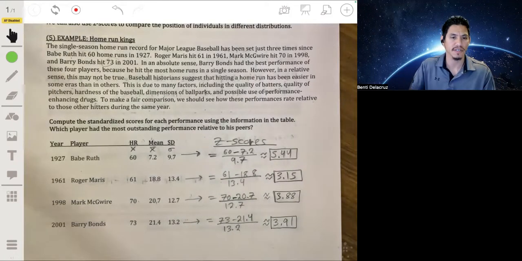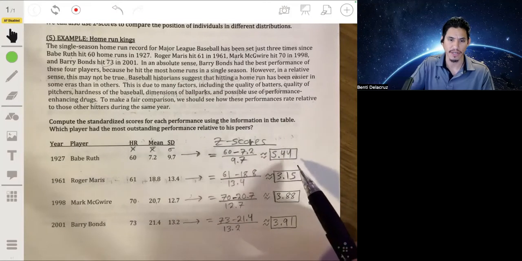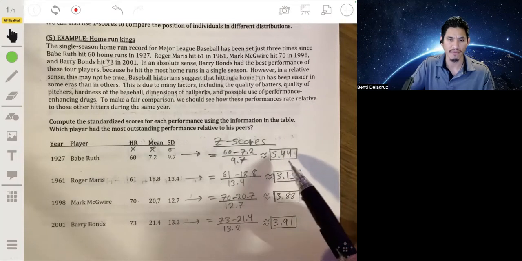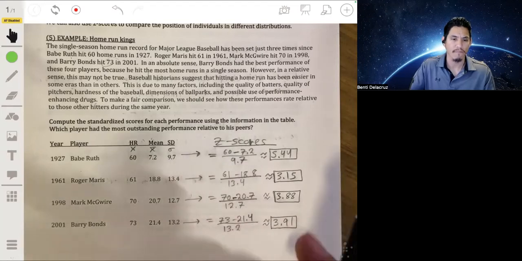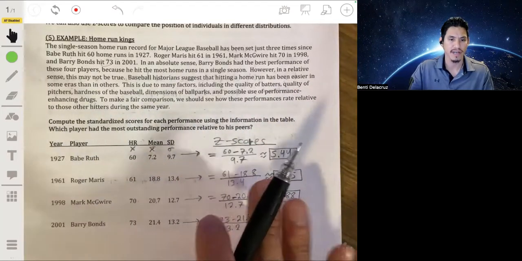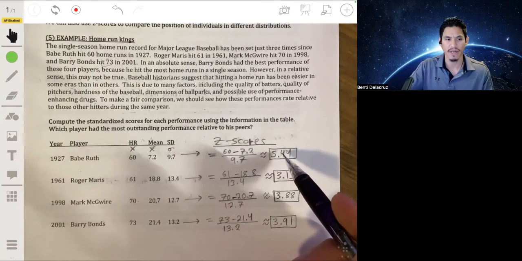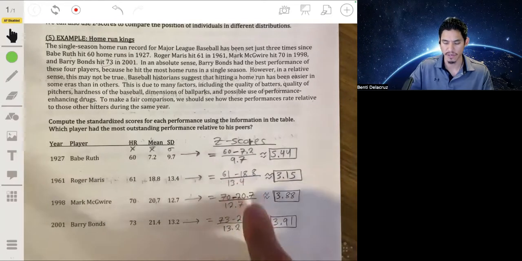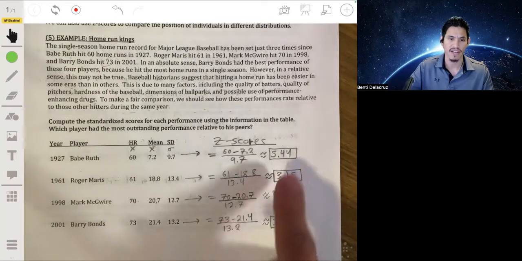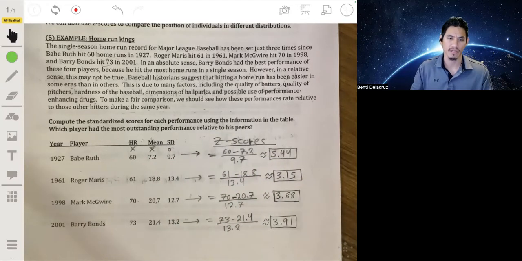So as you can see, Babe Ruth has the highest z-score, by a good amount, by almost 1.5. What this is saying is that compared to the players in his time, he was far greater. He was much more dominant than the other players were during their times, because he was 5.44 standard deviations above the average amount of home runs.